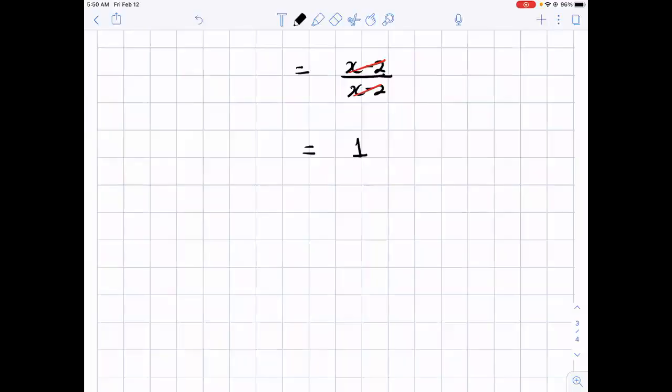If we look at one more example. The last one we did was subtraction, so let's do one more subtraction. Let's say we have 7x minus 1 over 3x plus 2 minus 4x minus 3 over 3x plus 2.